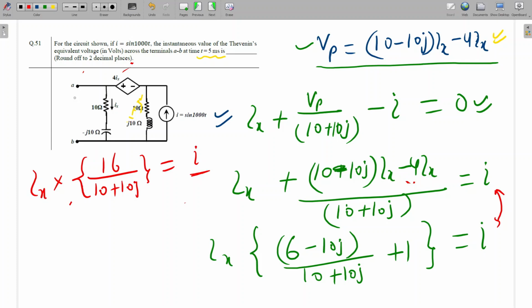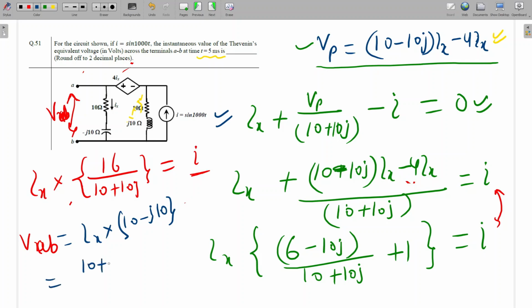This Vx is the voltage across VAB. VAB will be Ix into (10 minus 10j). Ix will be (10 plus 10j) by 16. So VAB will be (10 plus 10j) divided by 16 into (10 minus 10j) into I. This will be VAB. Is it clear?